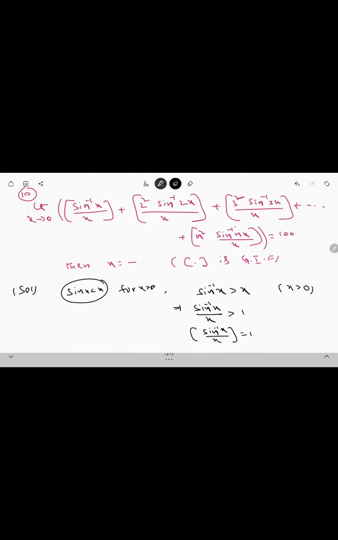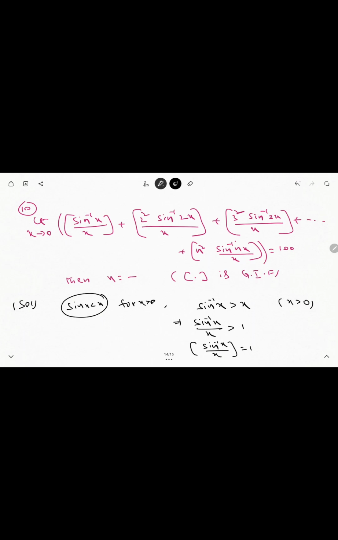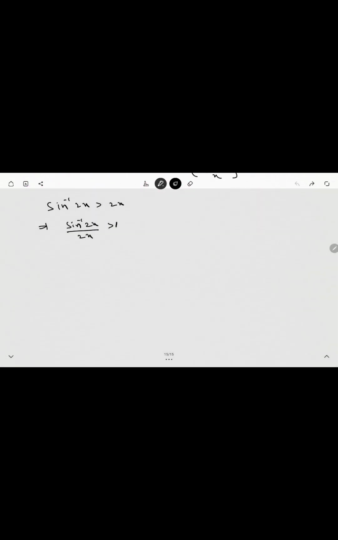Similarly, what to write there? Sin inverse 2x, in the place of x write 2x, is more than 2x. Therefore, sin inverse 2x by 2x is more than 1. But what is given here? 2 square is given. So what to do? Multiply and divide by 2 cube.